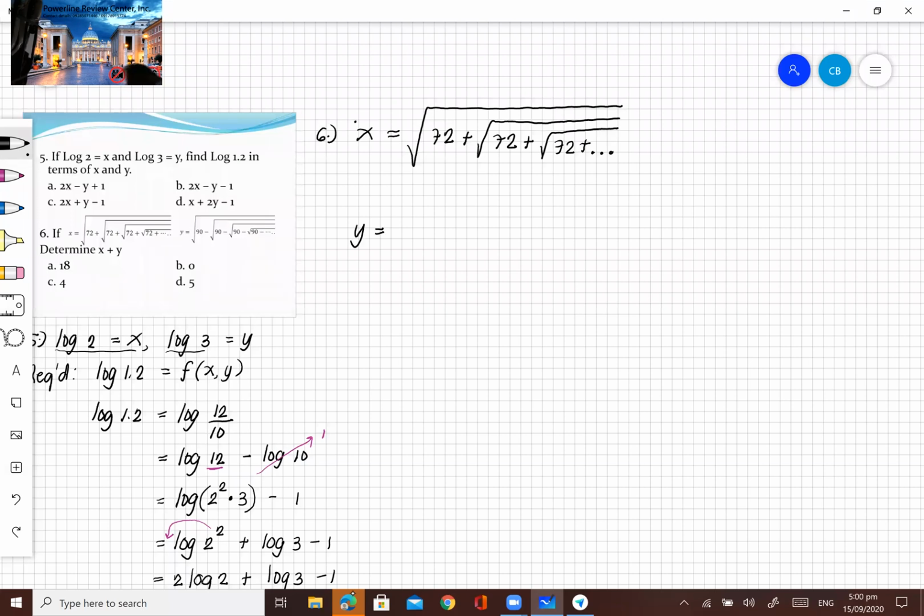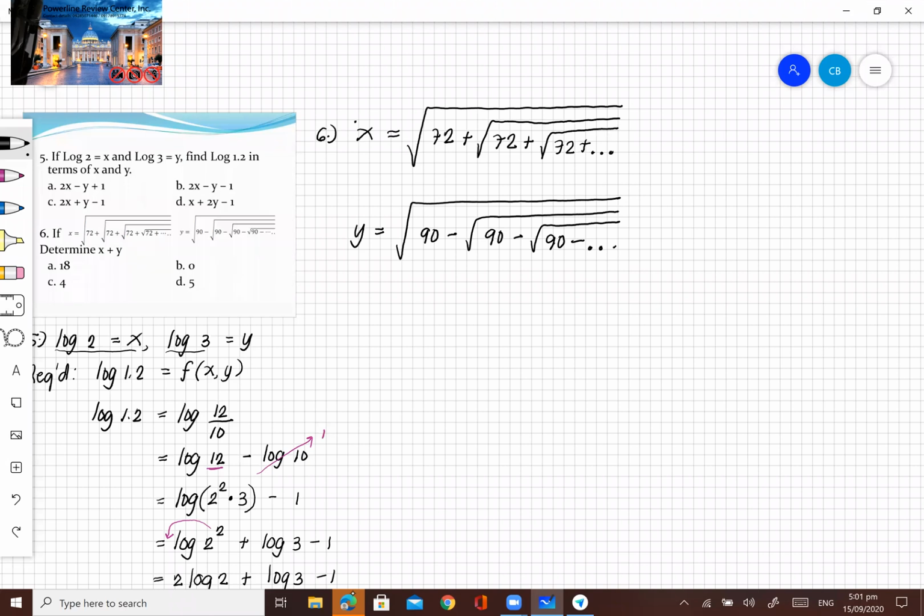So, y naman has a given equation equal to square root of 90 minus square root of 90 minus square root of 90. So, putulin ko na lang, minus so on and so forth. So, also, it continues indefinitely. Tuloy-tuloy yan, napakaraming square root.